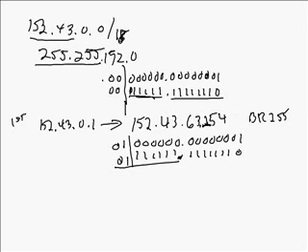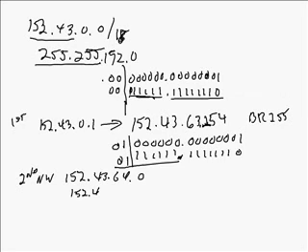So our second network address is really 152.43.64.0, and our range is going to be from 152.43.64.1 up to 152.43.